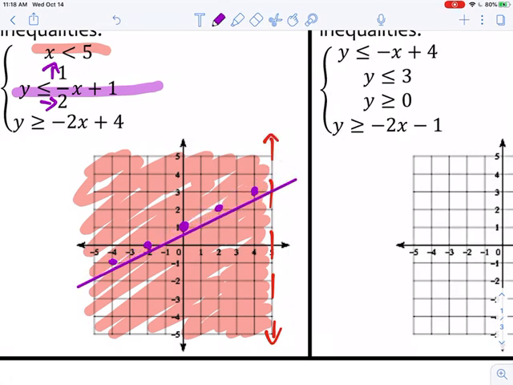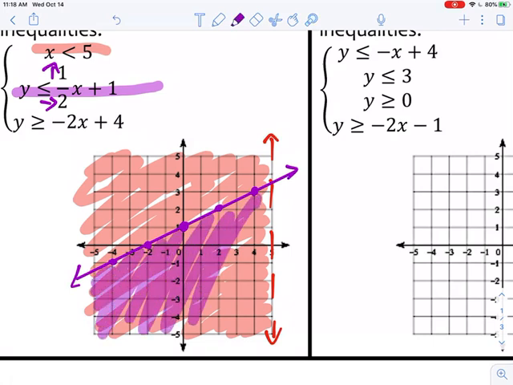I missed. All right, so we're just going to slide that over. Ta-da. All right. Now this does say y is less. So that means from our y-intercept, we're going to go down. So that shows us that we have now eliminated that top red section, and we are kind of narrowing down where our solution might actually end up. So it's somewhere in here so far.